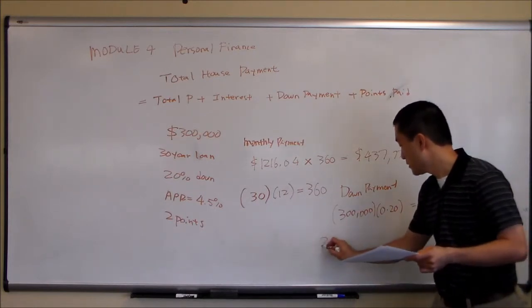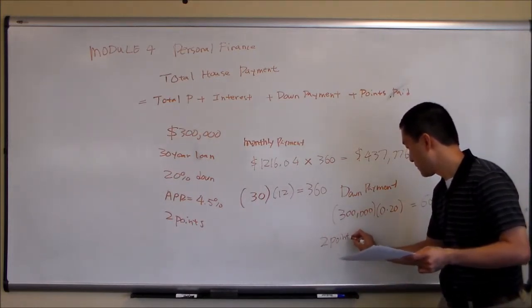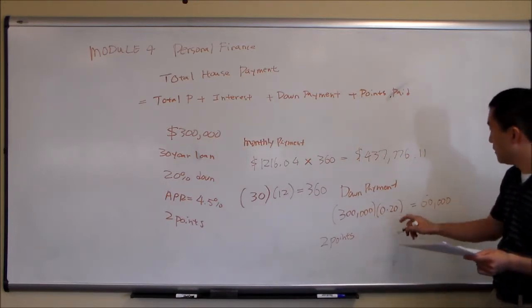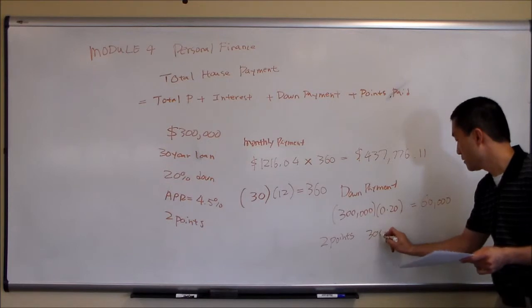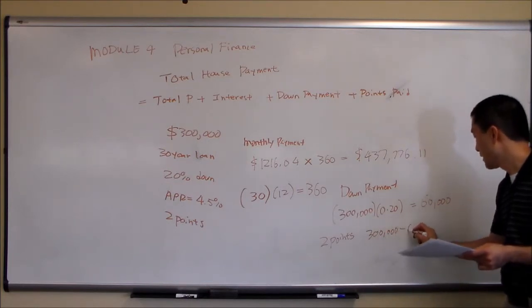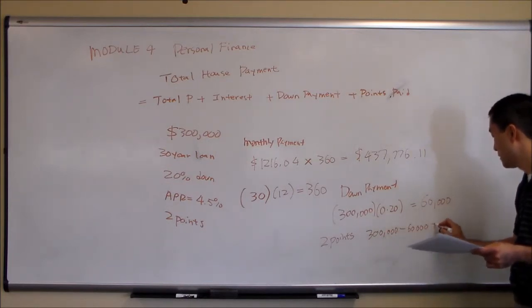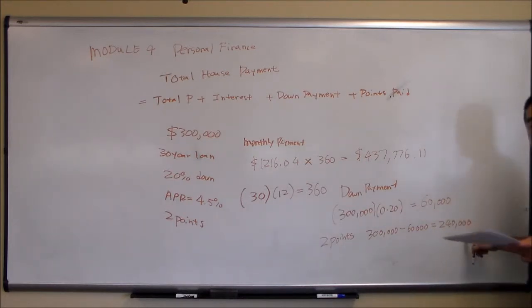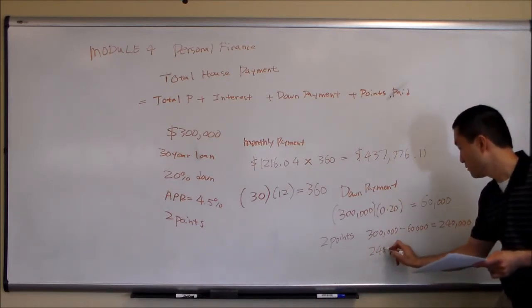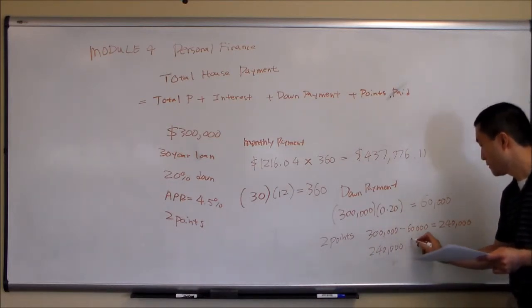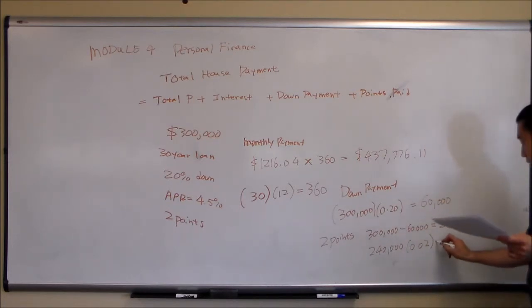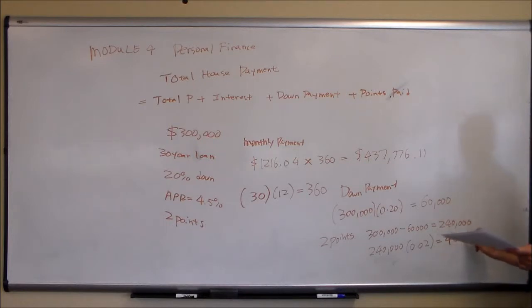And then 2 points is going to be 300,000 minus 60,000, which is 240,000. That's your remainder. And you bought 2 points out of this, so 240,000 times 2% is 4,800.